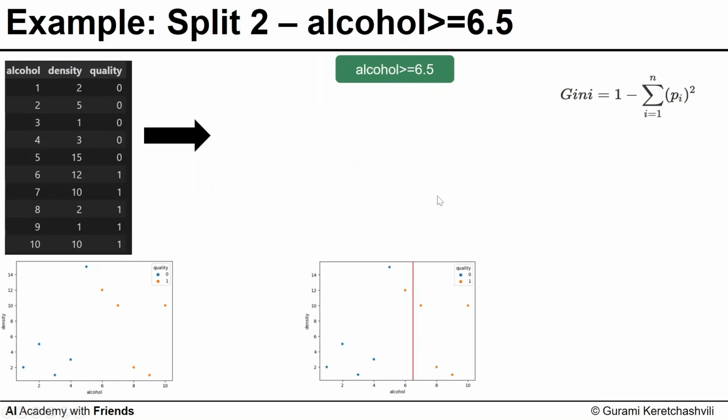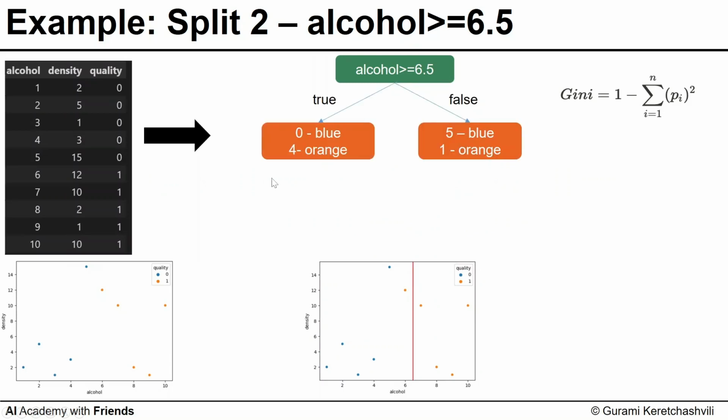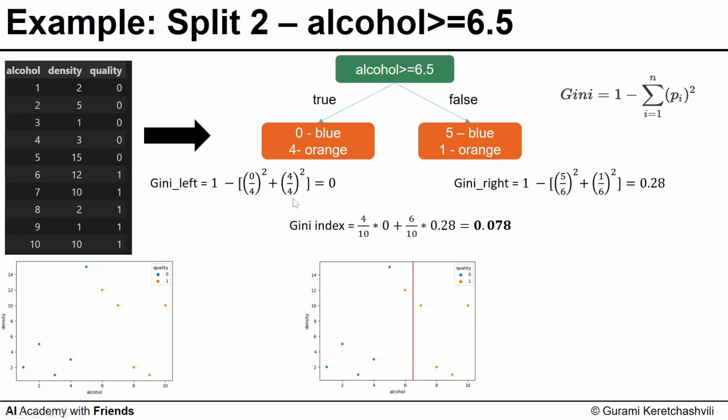In the second split, we have alcohol is greater than 6.5. In the left side, we will have 0 blue and 4 orange, whereas in the right hand side, we will have 5 blue and 1 orange. If we calculate the Gini index in the left and the right side, we will get 0 in the left and 0.28 in the right.